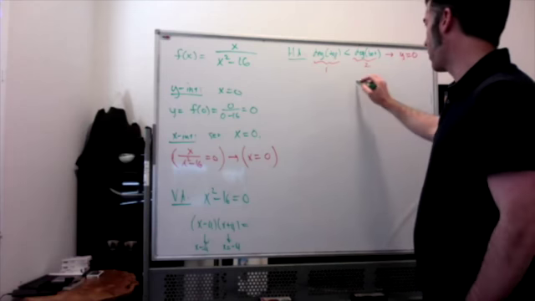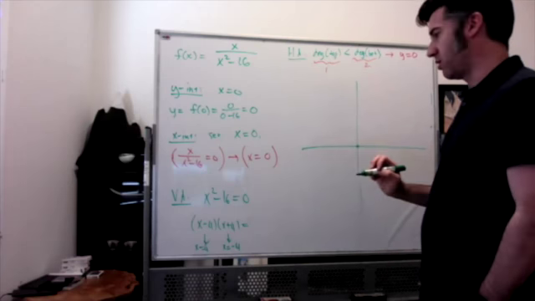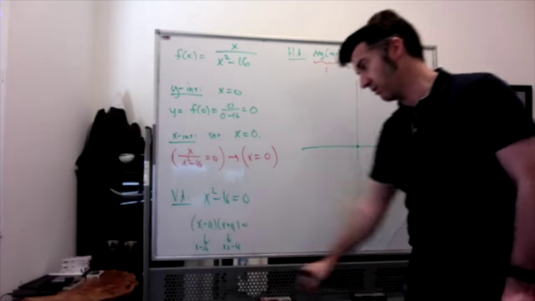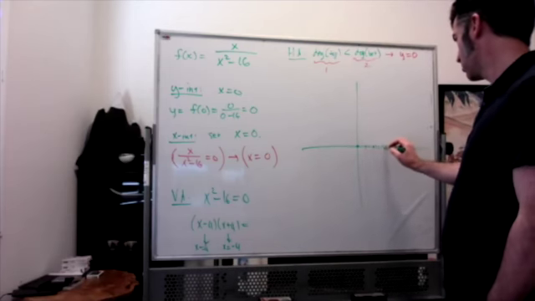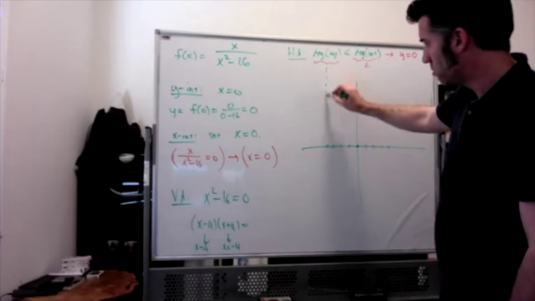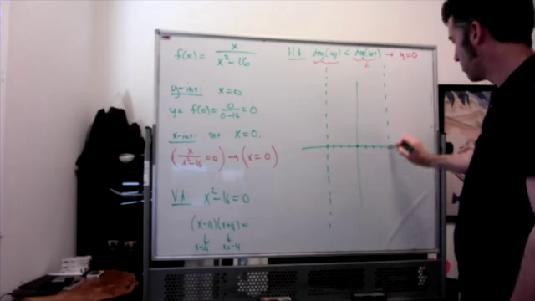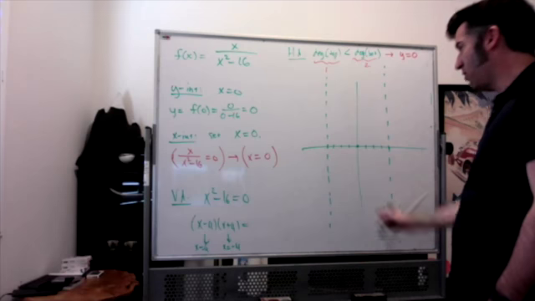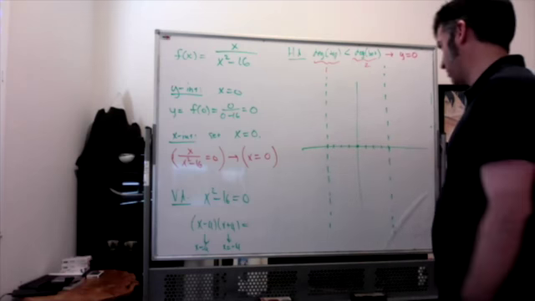Okay, now we can draw the thing. I've got an intercept of 0. I've got vertical asymptotes at 4 and -4. I don't think you need to label these if you write them out, but you can. And then I've also got a horizontal asymptote of 0.